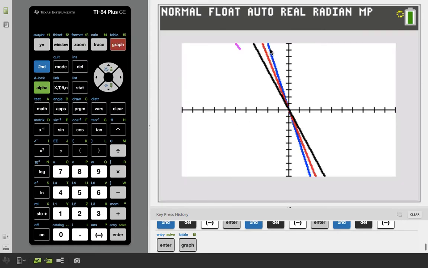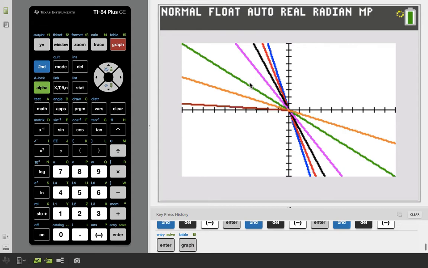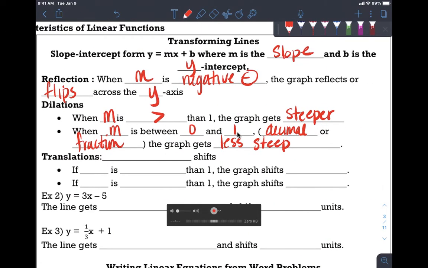So notice how this is steep up here, less steep, less steep, less steep, less steep, and it's heading all the way towards 0. So even as we have negative numbers, way negative is more steep, less negative is less steep, okay? Now, a different way to think about that is like this.